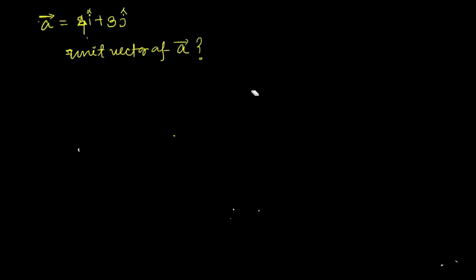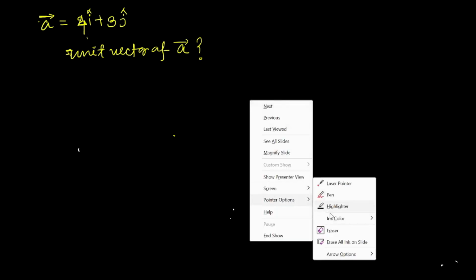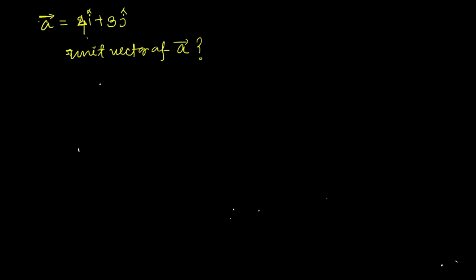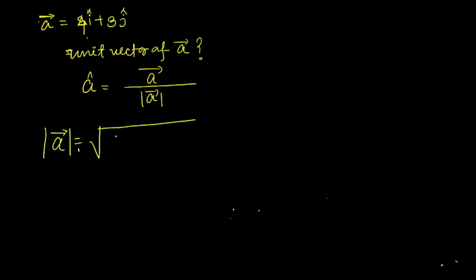Okay, so how will we write this? According to the formula, the unit vector of any vector is written as the whole vector divided by the magnitude of this vector, right? Now the magnitude of this vector is root over 4 square plus 3 square, that means 16 plus 9, so it is root over 25, which is equal to 5, right?